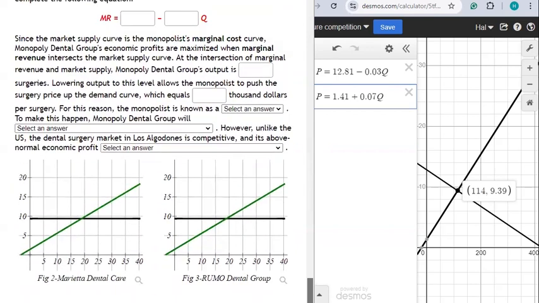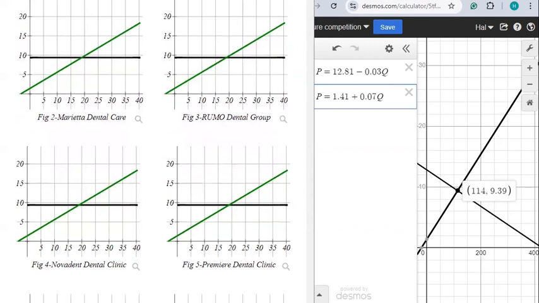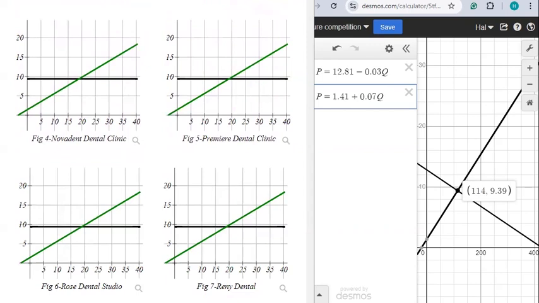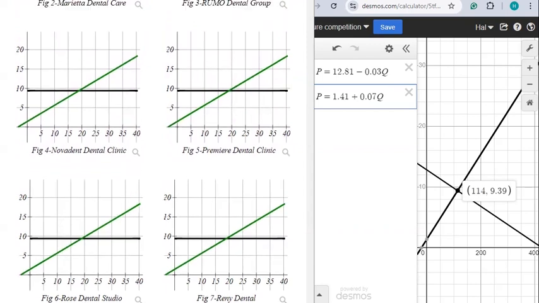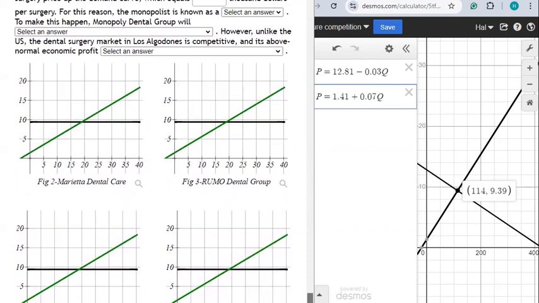There's the Marietta Dental Clinic, the Romeo Dental Clinic, Nova Dental Clinic, the Premier Dental Clinic, Rose Dental Studio, and Rene Dental. These are actually real dental clinics in Los Algodones, Mexico. And there are 6 of them in my market. You might have 11, you might have 8, you might have 9, right?